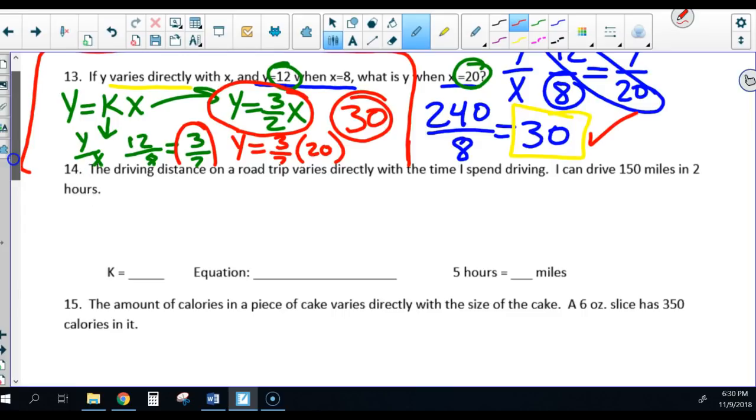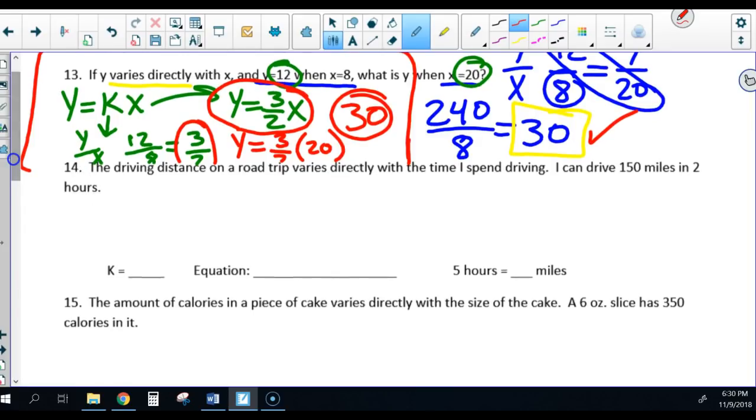The driving distance on a road trip varies directly with the time I spend driving. So this is like y varies directly with x. Distance varies directly with time. I can drive 150 miles in 2 hours. Well, I know k is y over x.